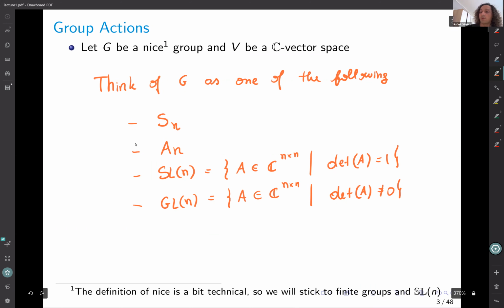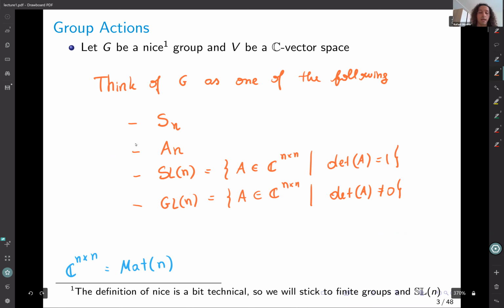Okay, and we're going to denote C n by n by Mat n, which is the set of all matrices of size n.